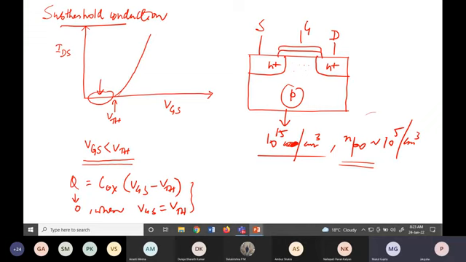Drift current is hardly there, but there will be diffusion current if we have a carrier concentration at the drain side and at the source side, a concentration gradient. We mentioned that this diffusion current we can calculate.